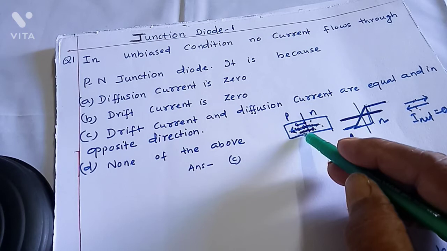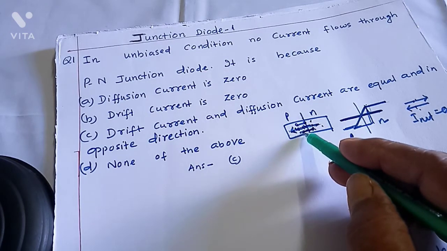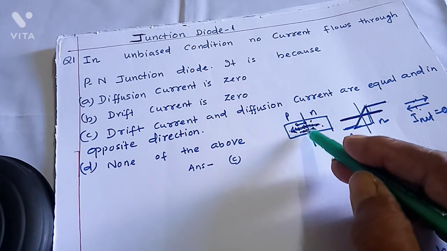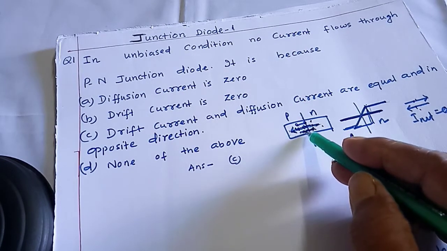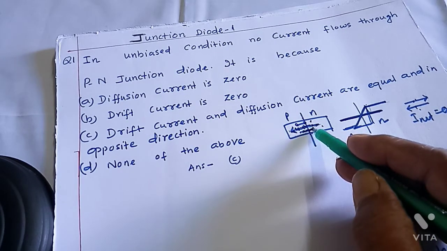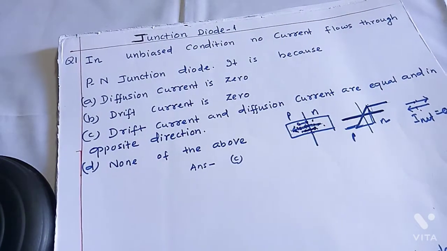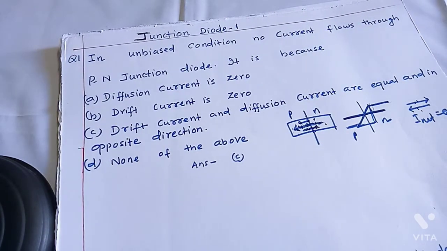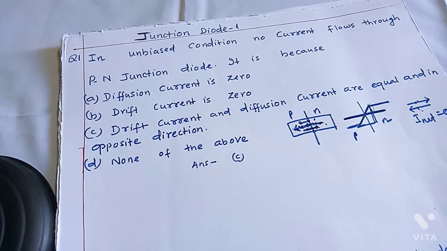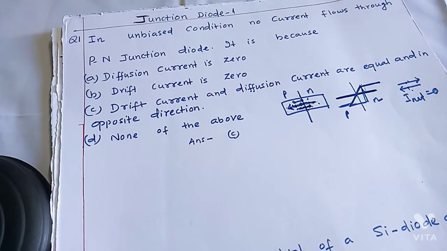Now there exists diffusion current and drift current, and these currents are equal in magnitude but opposite in direction. So there is no transfer of charge across the junction, and we say the net current is 0. So the correct choice is C, that is drift current and diffusion current are equal and in opposite direction.